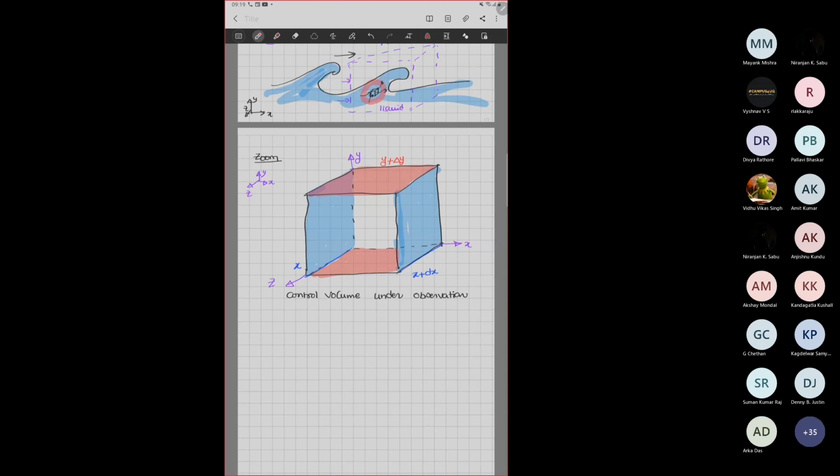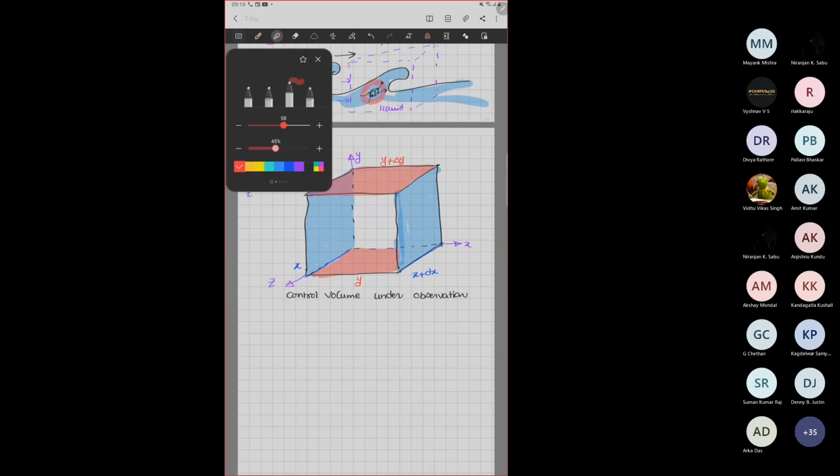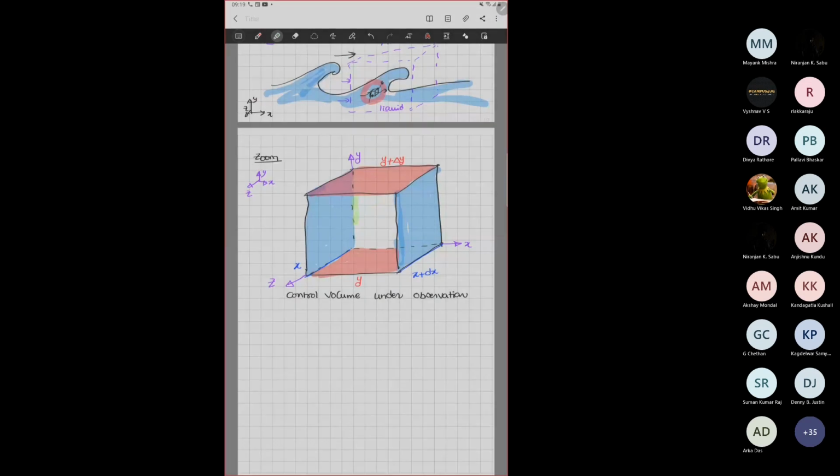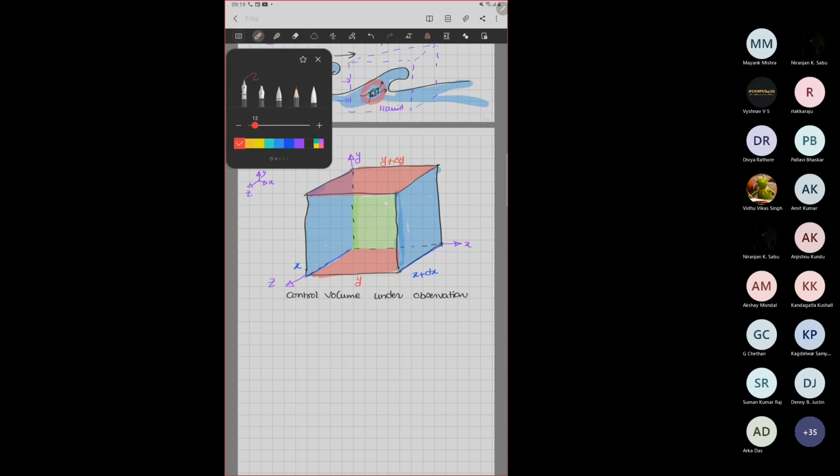The backside surface, possibly in green color, let us fill it with green, and the frontal one is also green. So such kind of surfaces.